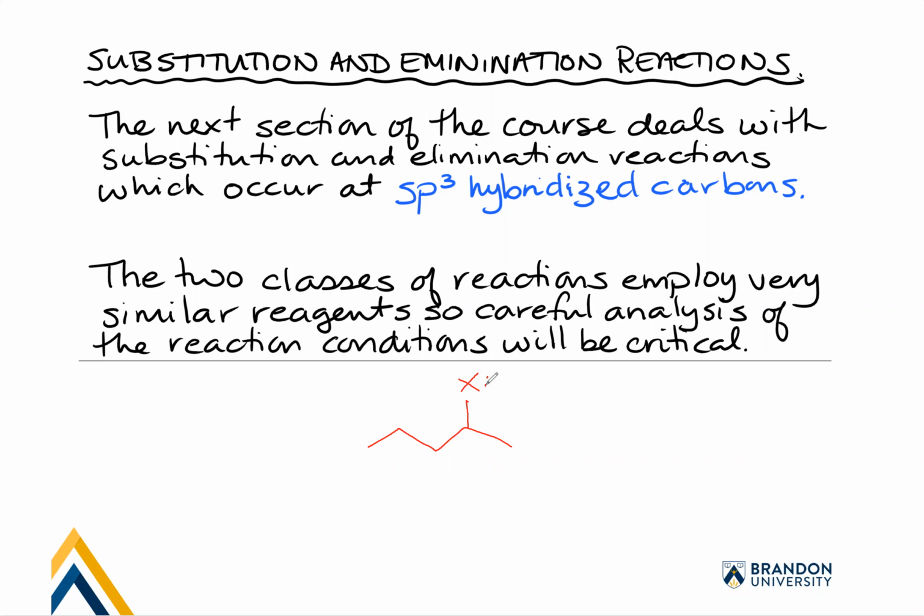I'll just put an X here as a preview of what we're going to be doing. So the key point here is that this carbon has to be sp3. None of these reactions are going to work with sp2 hybridized carbons, whether it's a double bond or an aromatic ring.